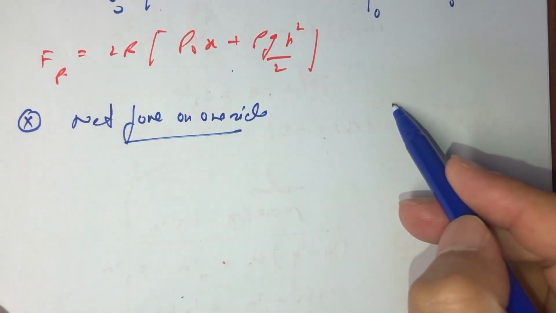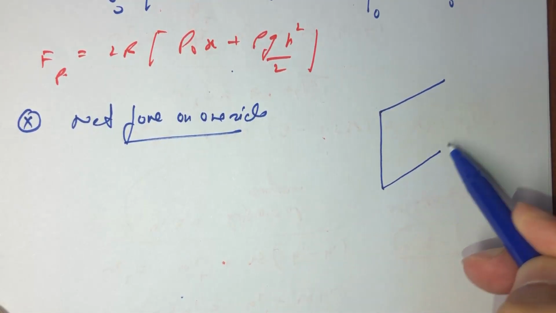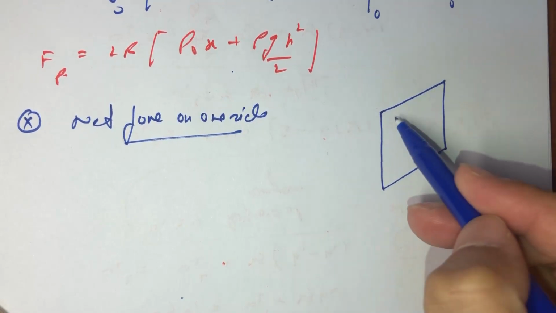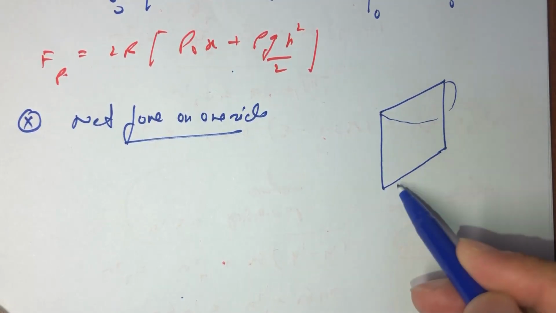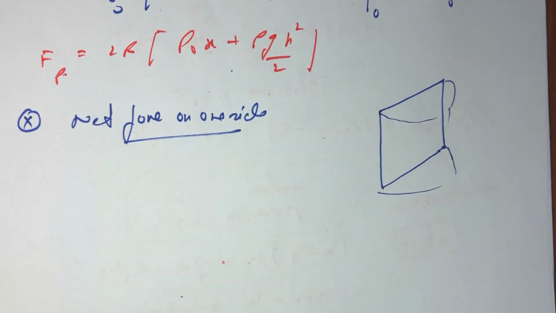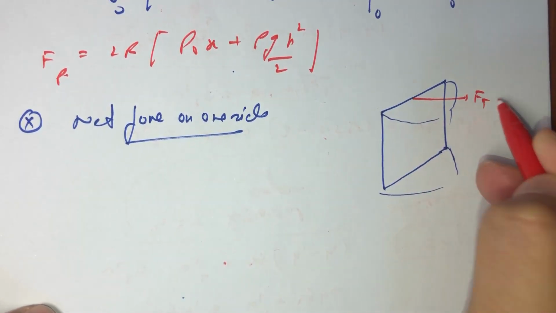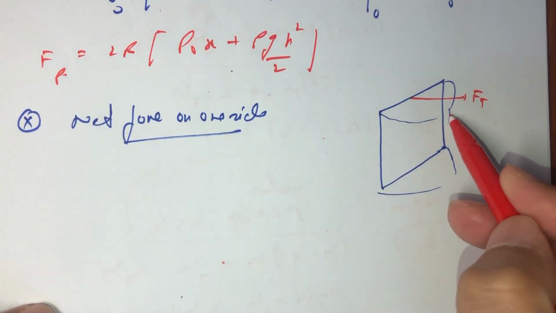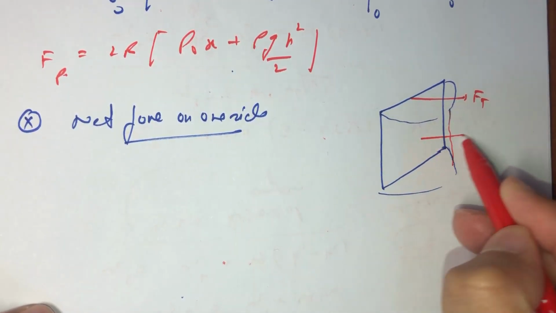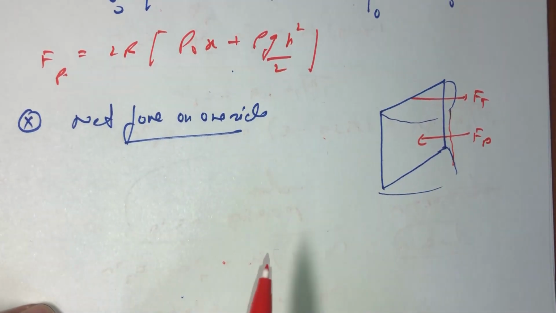So let me redraw once again. We have a surface tension Ft which is acting in this direction, and there will be a force Fp which is acting into the section.